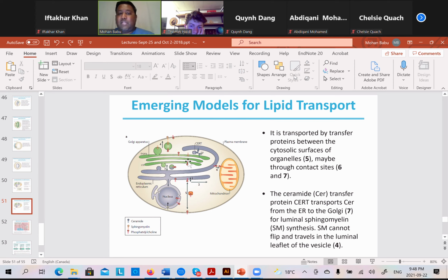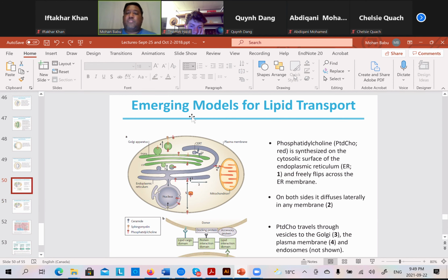So that's number 5 here. And then through contact sites also exchanges can happen. Then you also have ceramides, where a transfer protein called CERT transporter actually allows the lipids to be taken from the ER to the Golgi as well, basically for the luminal sphingomyelin synthesis.